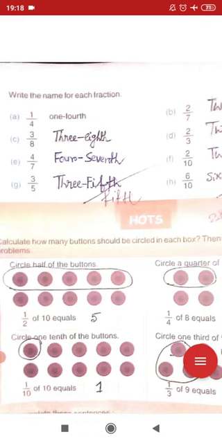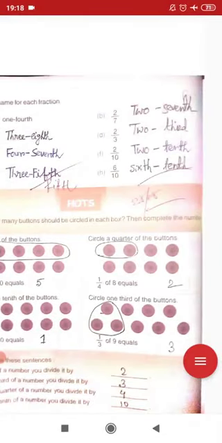Next B, 2/7. 2 is the numerator, 7 is the denominator. Write two-seventh using words. The first word will be the numerator, two, and then seventh, add th at the end of 7.